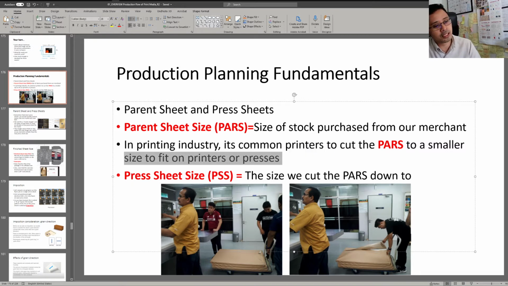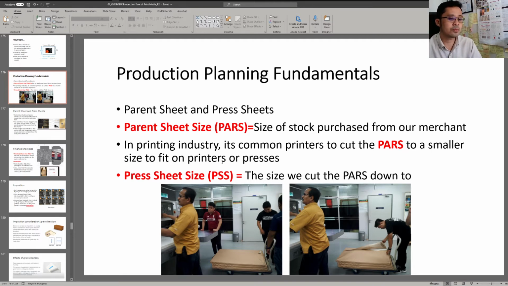Dalam industri percetakan menjadi satu kebiasaan untuk memotong parent sheet size ini dalam saiz yang lebih kecil. Kenapa saiz lebih kecil? Untuk memuatkan mesin percetakan tersebut.